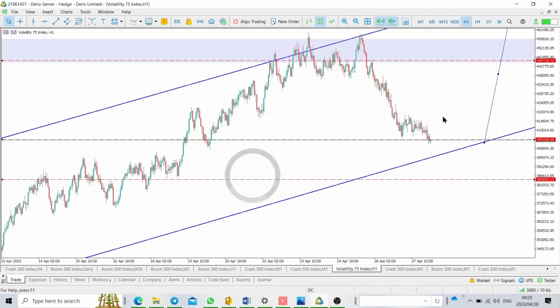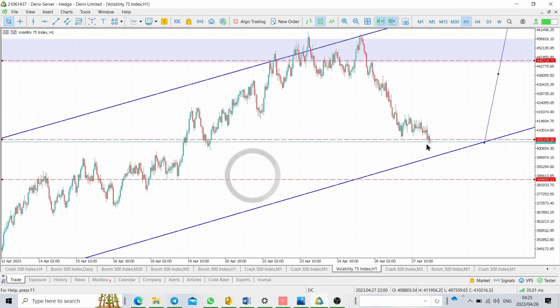When price reaches this zone, price is going to give us a signal, be it a pin bar or a bullish engulfing candle at this price, and price is going to continue going up. So let's just be patient and wait for price to give us a signal at this zone.